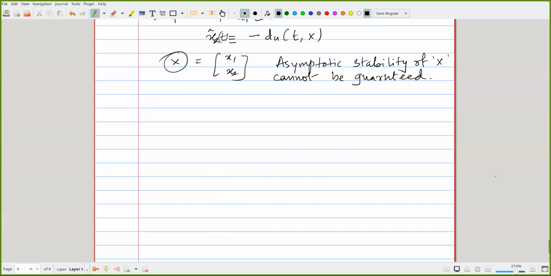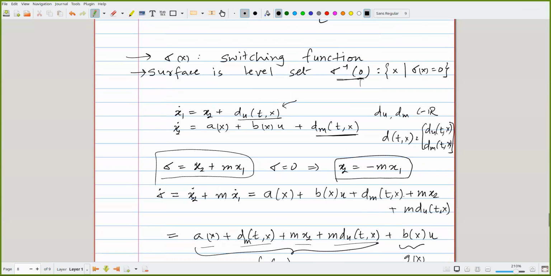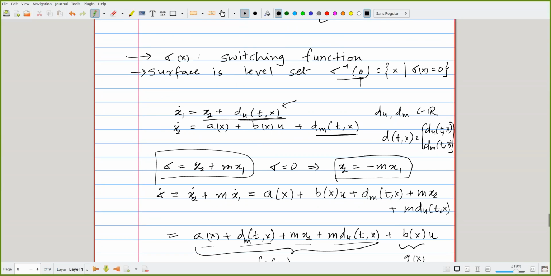So zero dynamics cannot be ensured to be stable, even asymptotically stable, when we have this kind of disturbance which does not come with the input equation, right? These are unmatched ones, and these disturbances are the matched ones which come with the input, which are affine with the input equation.